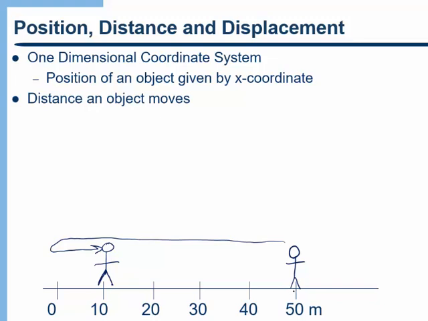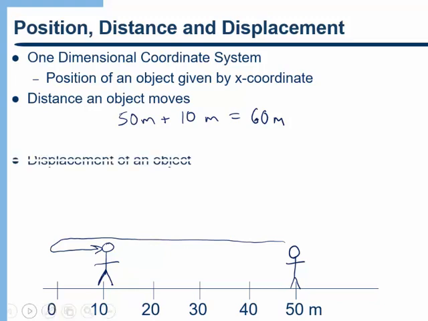Well, if we add up the fact that they went 50 meters all the way to 0 and then they came back 10 meters, the total distance they traveled would just be 50 meters plus 10 meters, or 60 meters. So distance is just how far did the object, in this case the person, travel.